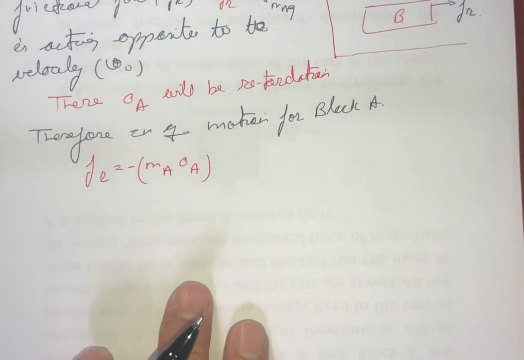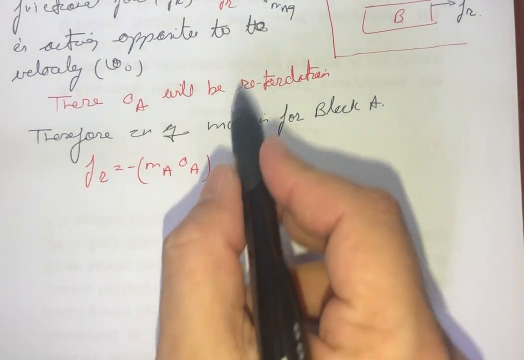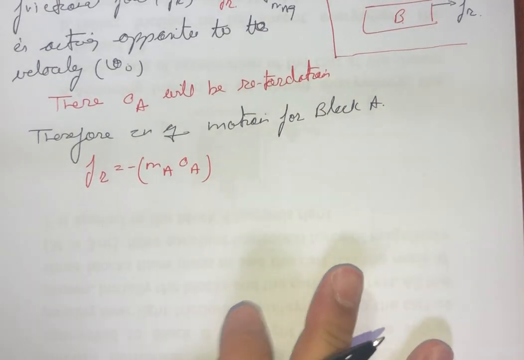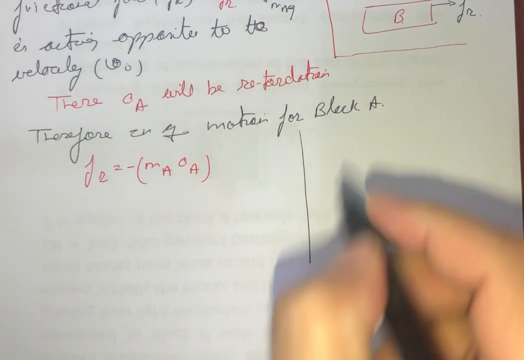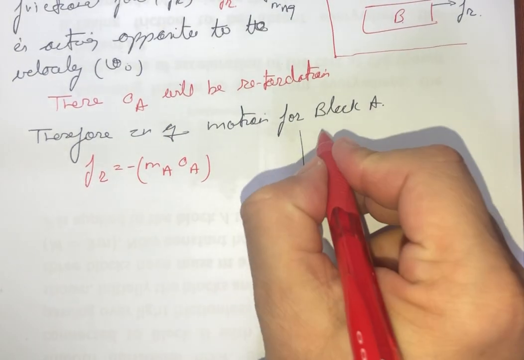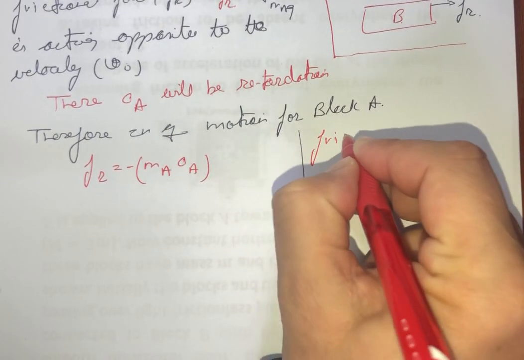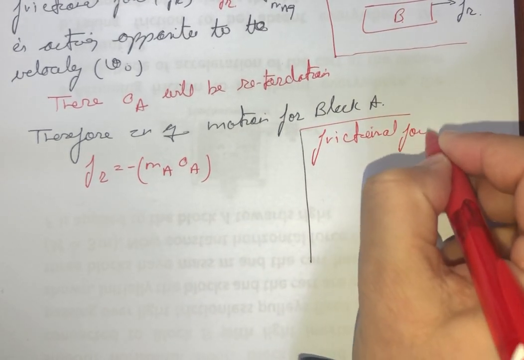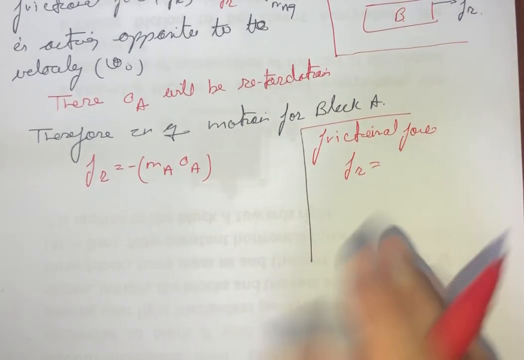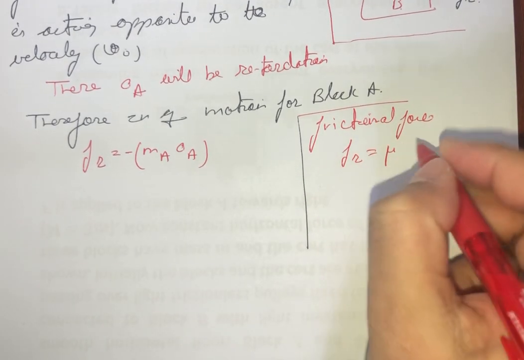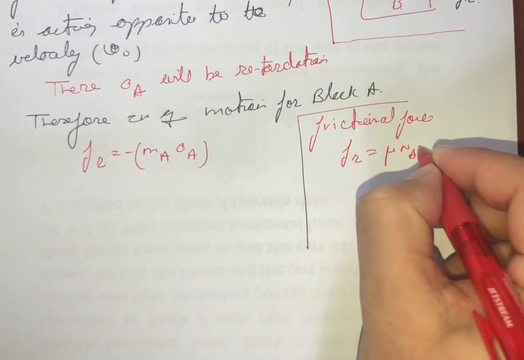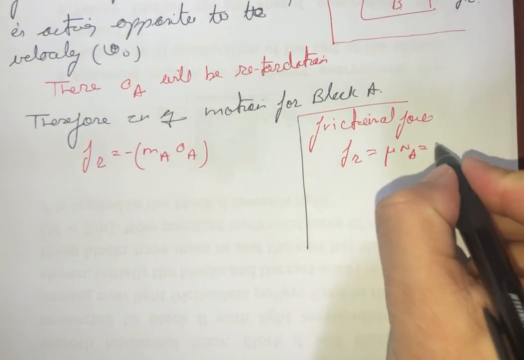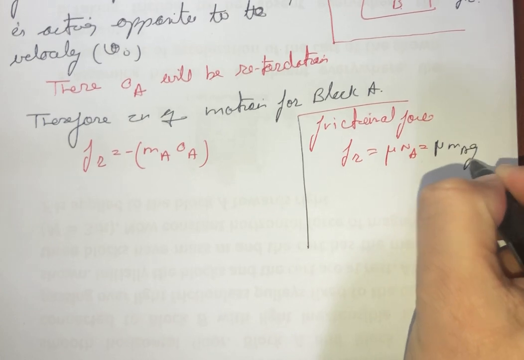And we can also find out what will be the frictional force. Frictional force Fr will be equal to mu multiplied by NA, and NA will be equal to mg, so this will be mu mg.